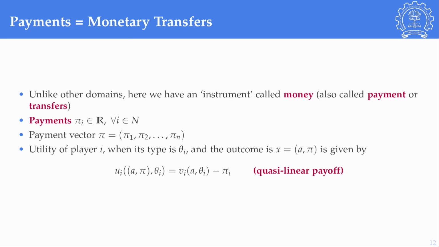The utility is linear in the second component, but possibly non-linear in the first component. The valuation could be anything. Like we said, if your theta is environmentalist, then depending on which action you take, your valuation could be different, minus the payment that you make. This is no longer just the valuation. If I charge you a certain amount of money, the net thing will be the total utility.